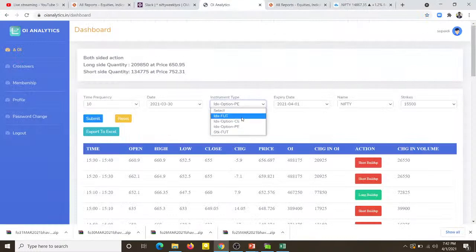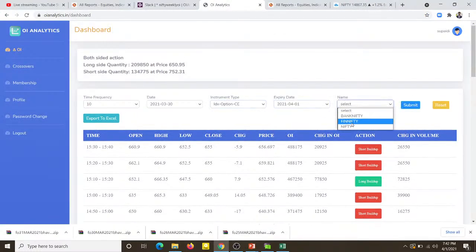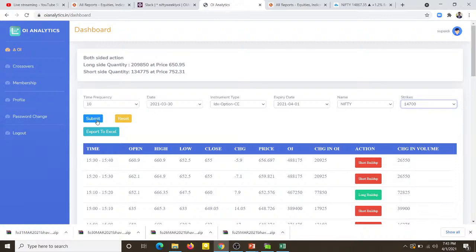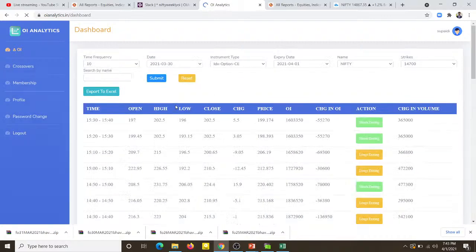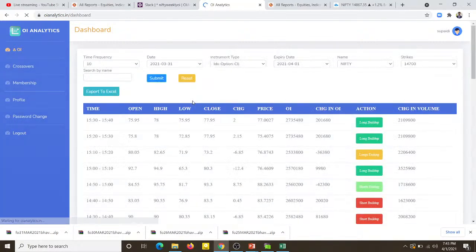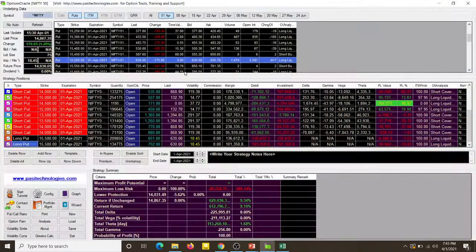Okay, index call and expiry date Nifty 14,700 call. Submit. We'll take for 31st of March, correct? So this is what we have. This one we'll ignore because it's a negative price. So we'll take this 1071 370 at 109 short side, correct?